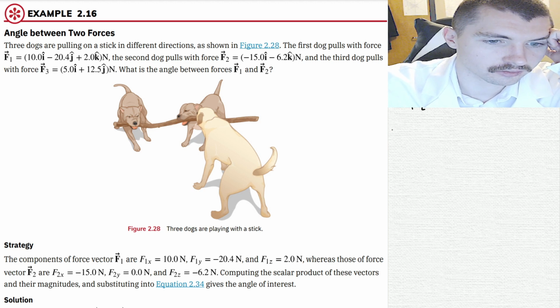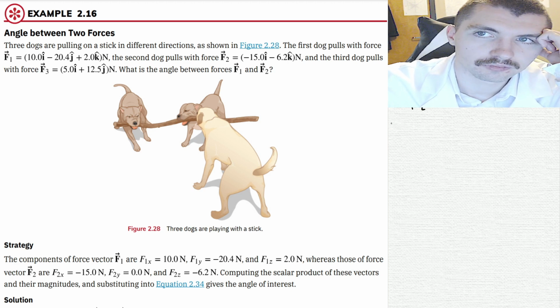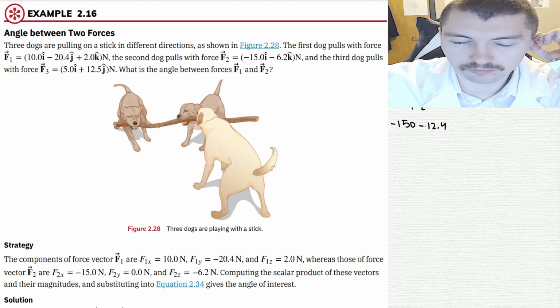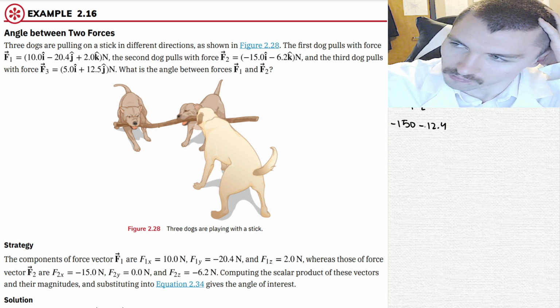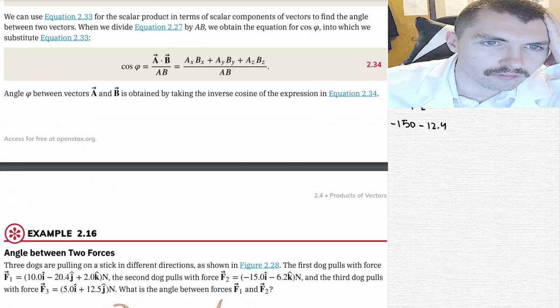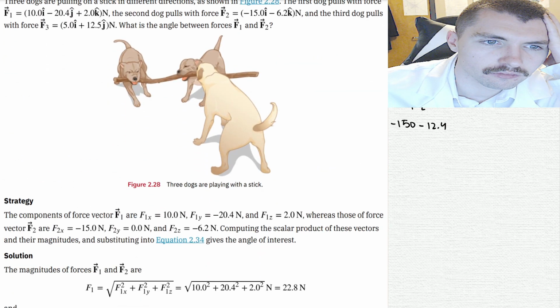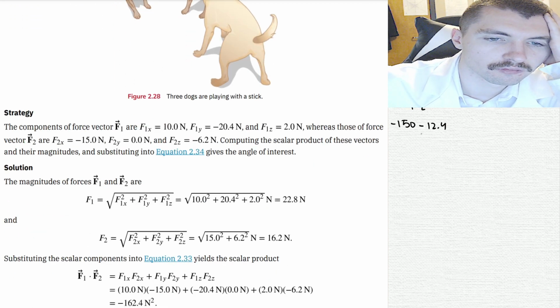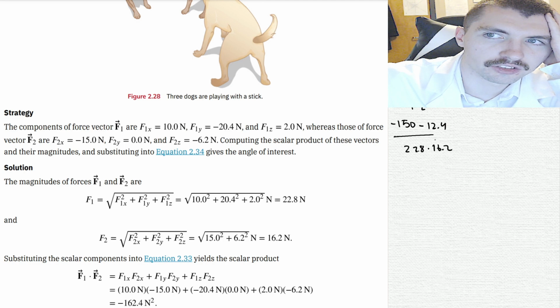It's saying 10, negative 150, plus 0, minus 12.4, so that should be divided by 22.8 times 16.2.